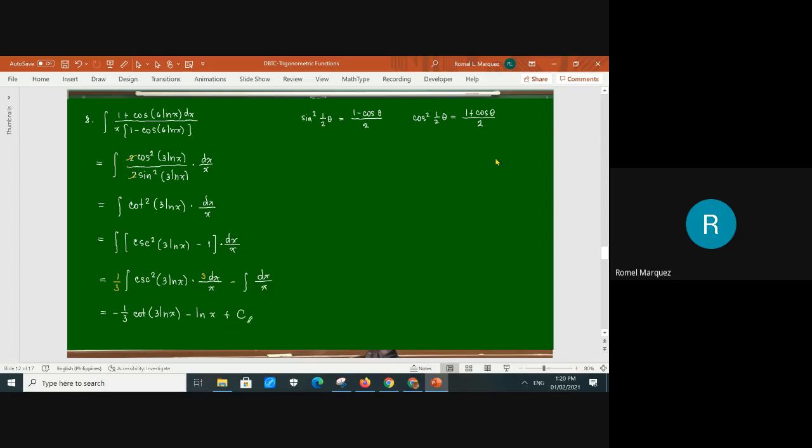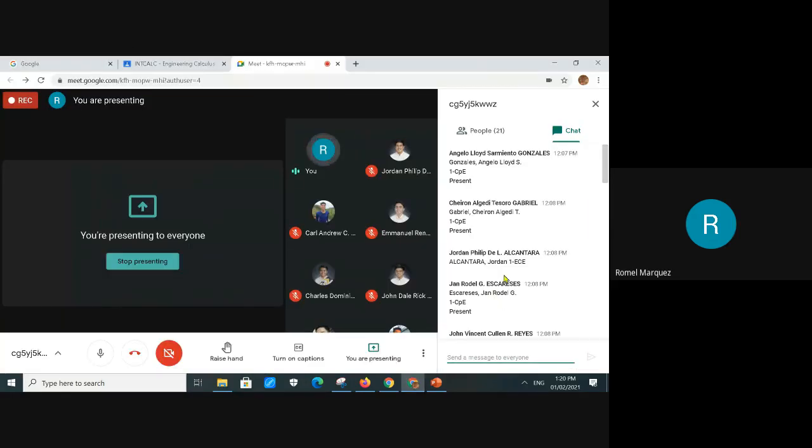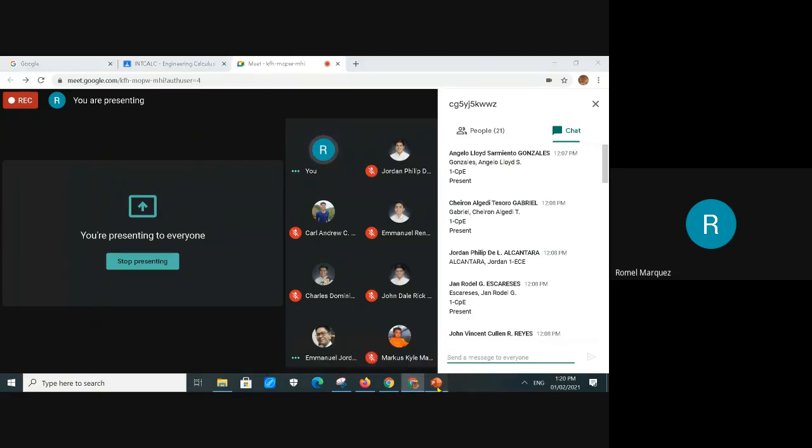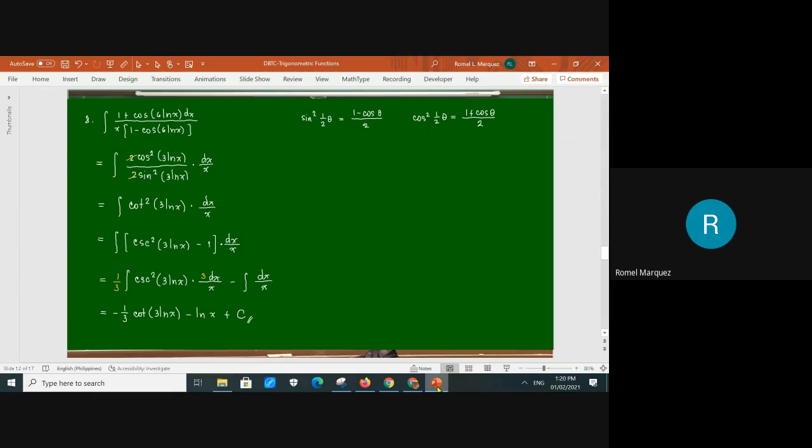A question. Why is it that I did not put any more absolute value to ln x? Yung ln sa x ng ln. Why is it that absolute value is not necessary anymore? Guys, what do you think?